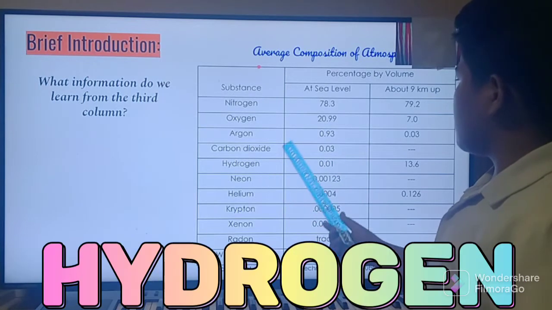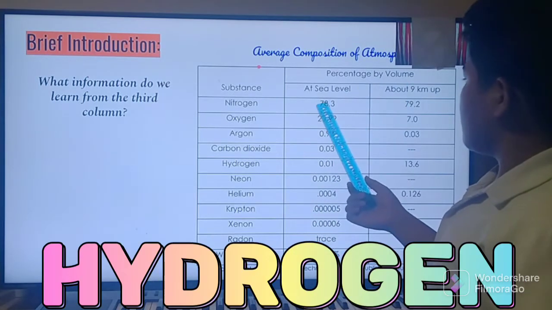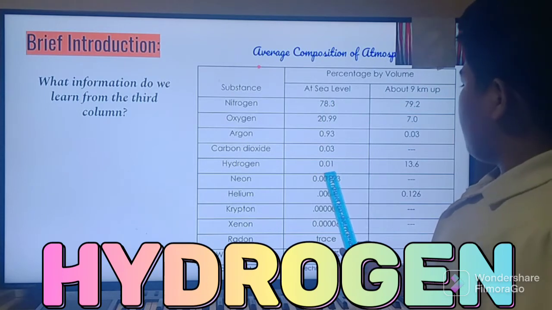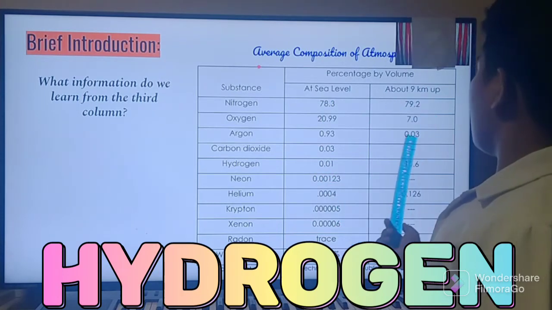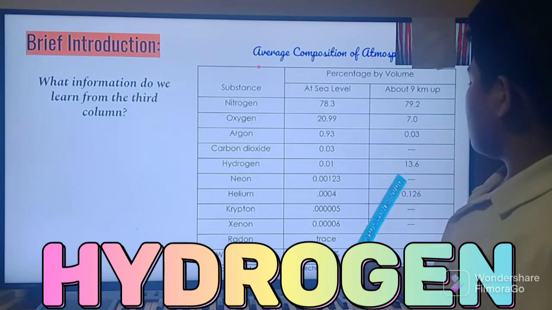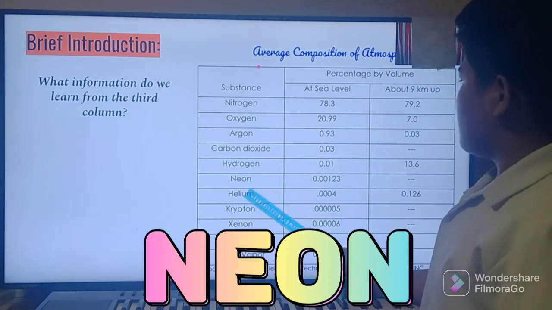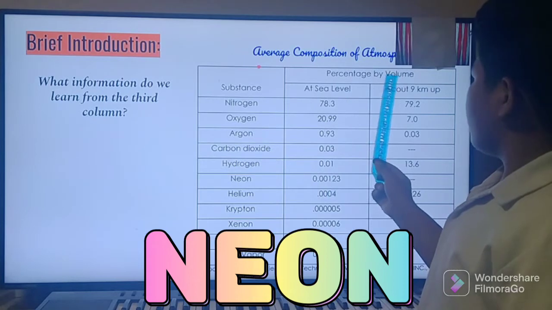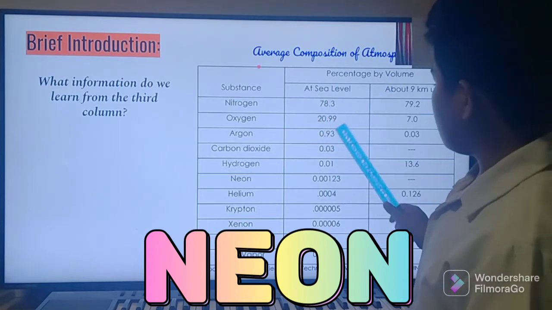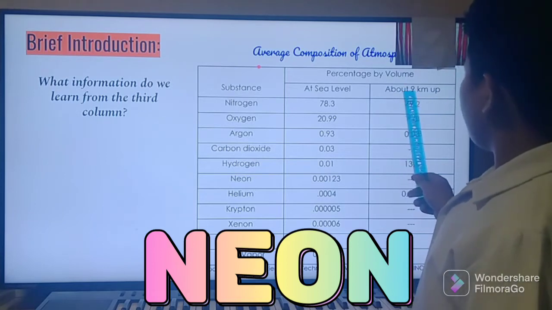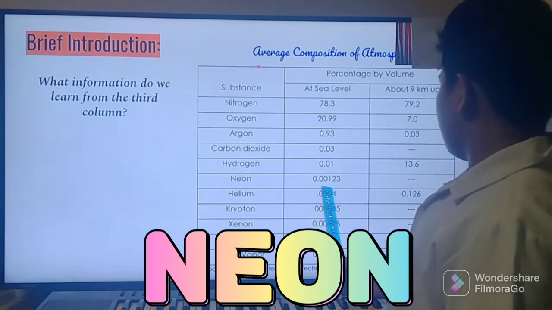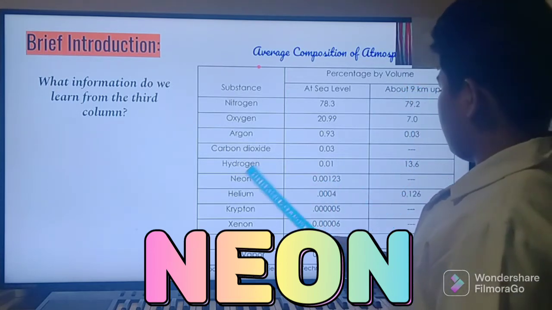Hydrogen, the percentage by volume at sea level is 0.01 and about 9 kilometers up is 13.6. Neon, percentage by volume at sea level is 0.00123 and about 9 kilometers up is none.